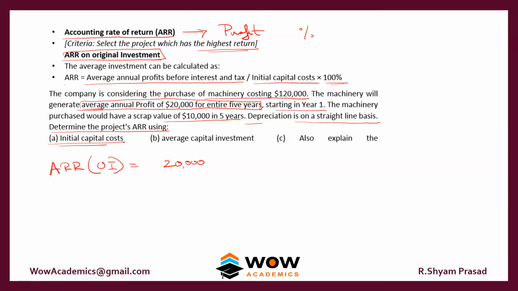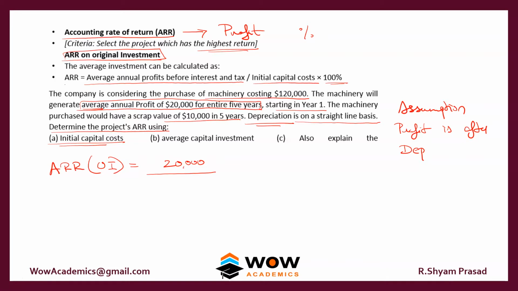The question has given you depreciation, but we can make an assumption: the profit is after depreciation. So this 20,000 has considered the depreciation, and 20,000 is our average annual profit for 5 years.